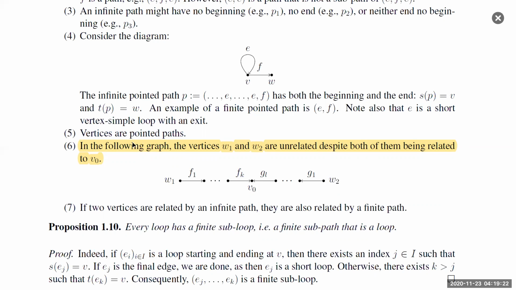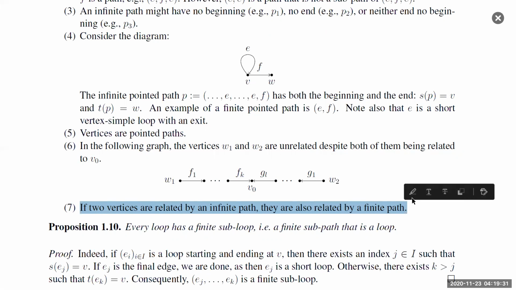Okay, my next elementary remark is number 7, right here. It's very much like with loops. If two vertices are related by an infinite path, they are also related by a finite path. And that's because of the way we define the beginning and the end of an infinite path, right? If some vertex is the beginning of an infinite path, then it means that there is actually a concrete vertex En for some sufficiently small number n, such that the end of this vertex is actually this vertex, which is the beginning of the path.